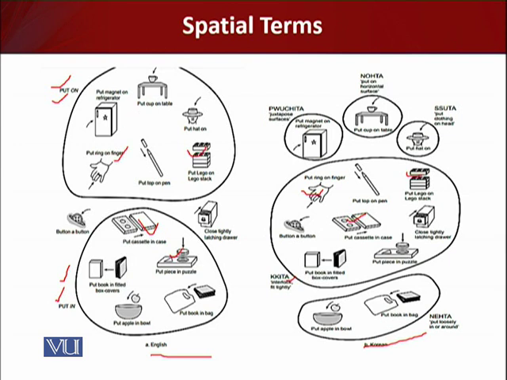In effect, Korean makes the distinction between putting things into tight containers or loose containers, such as putting an apple in a bowl. Choi and Bowerman compared early acquisition of spatial terms in Korean and English and found significant differences.